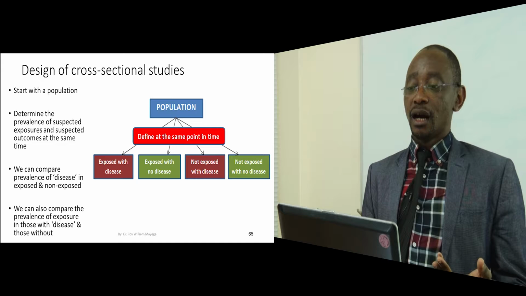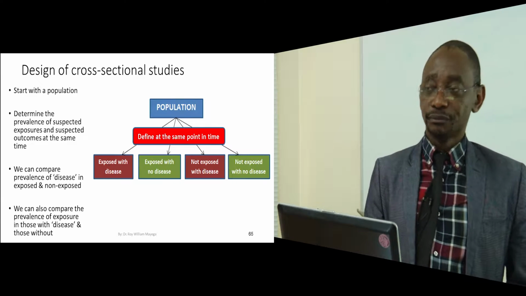Now, I'll give an example of a cross-sectional study. So I go to a district in Uganda, for instance, Iganga district, and I get into the population. I get people who are aged 18 years and above.